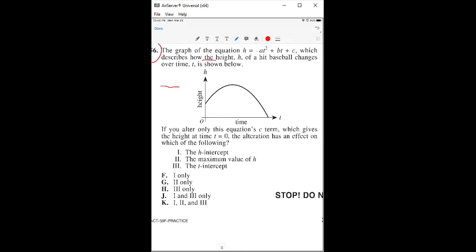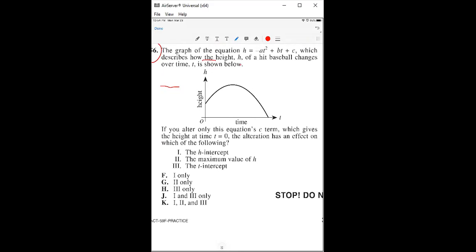It says the graph of the equation h equals -at² plus bt plus c, which describes how the height h of a hit baseball changes over time, t, is shown below. So we've got this parabola. Basically, we've got a projectile, the baseball is being hit, and this is the path that it takes.